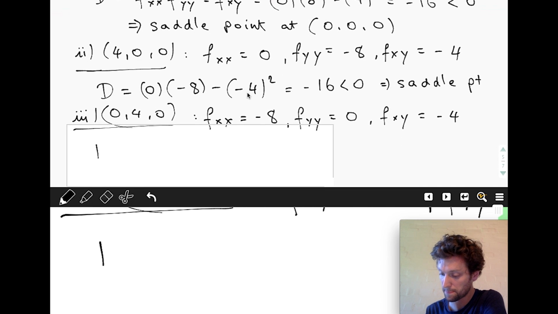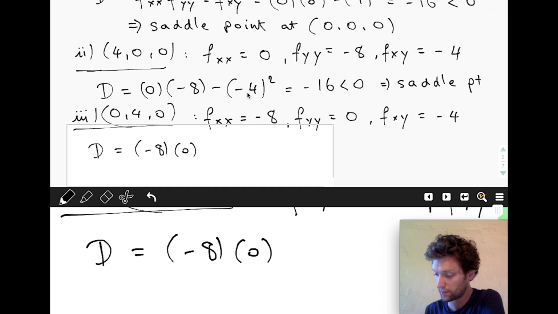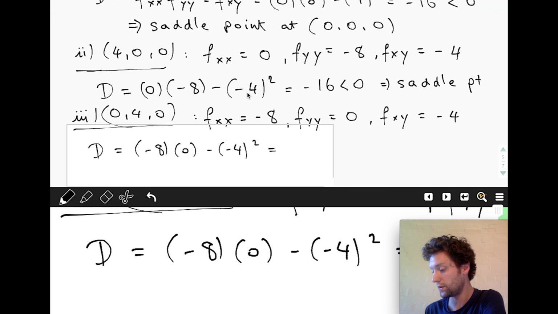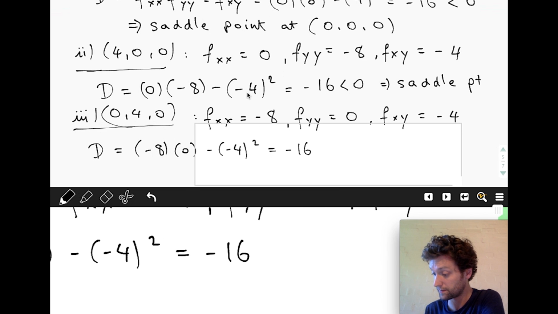So d is equal to minus 8 times 0 minus minus 4 squared, which is equal to minus 16. Again, that's negative. So again, I get a saddle point.